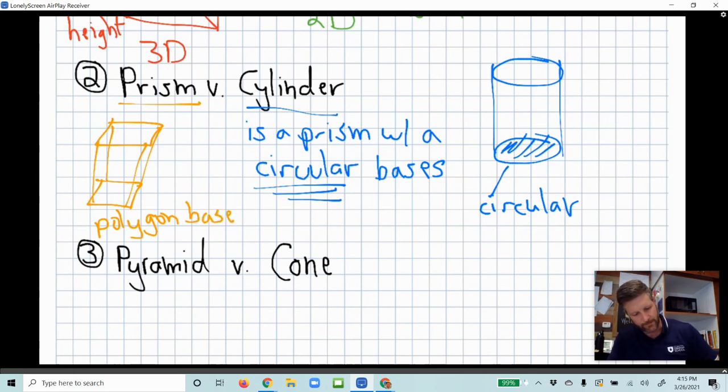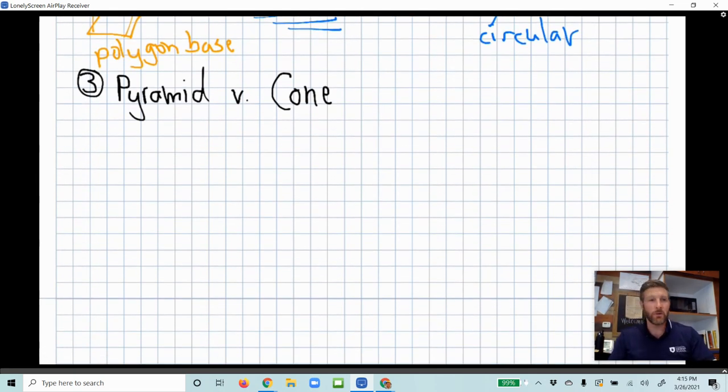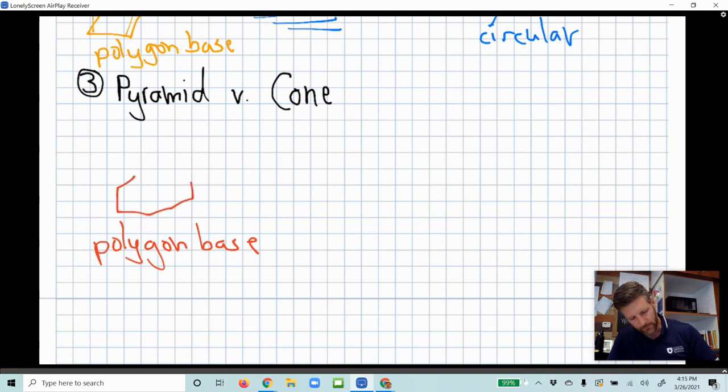Okay, almost done. Difference between a pyramid and a cone, same idea. They no longer have the parallel bases, but the pyramid has a polygon base. So let's just pick one. That looks horrible. Something like that.